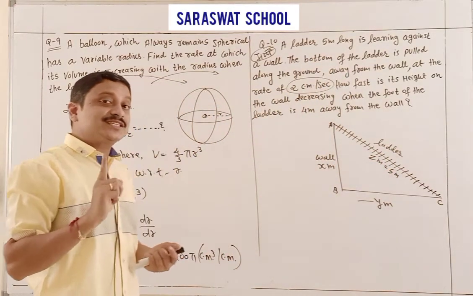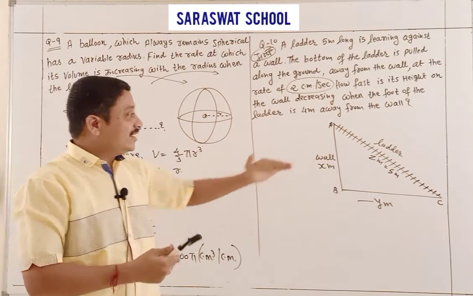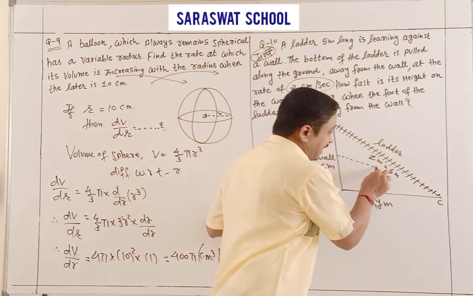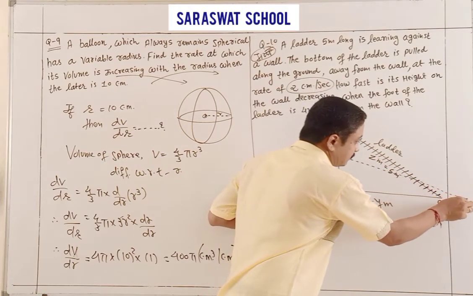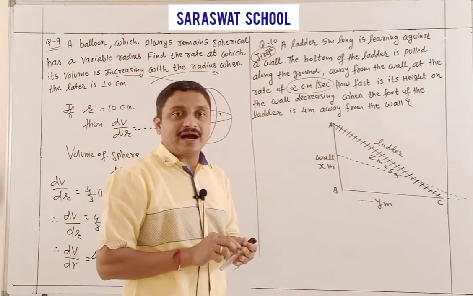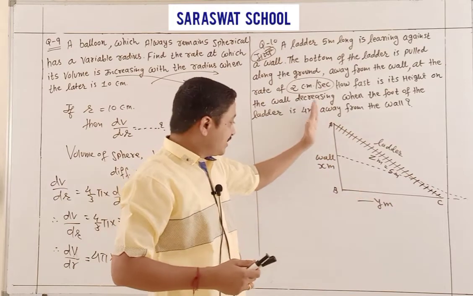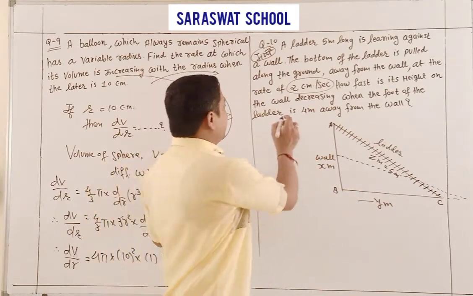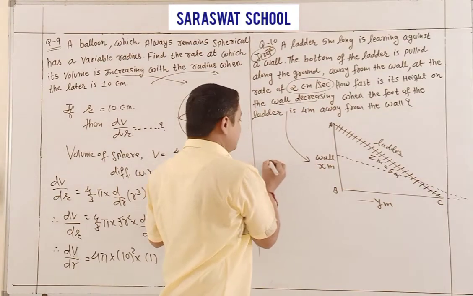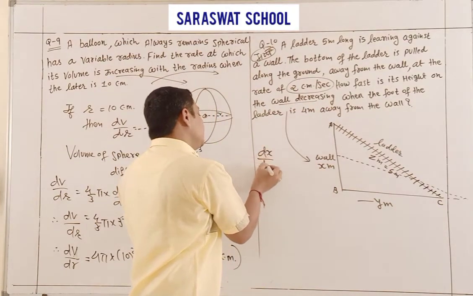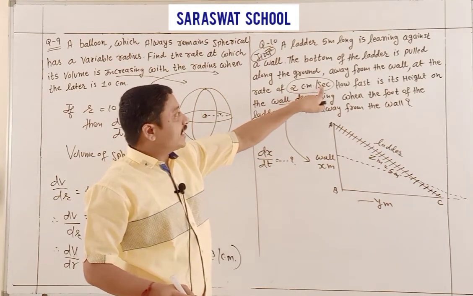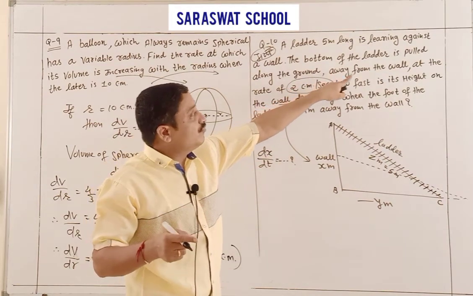Now, students, the question is that this ladder is pulled down. It means here the ladder is decreasing in level, and it is asking how fast the height is decreasing. This height is decreasing, this is what is asked. dx by dt is your target, and 2 centimeter per second is the rate away from the wall.